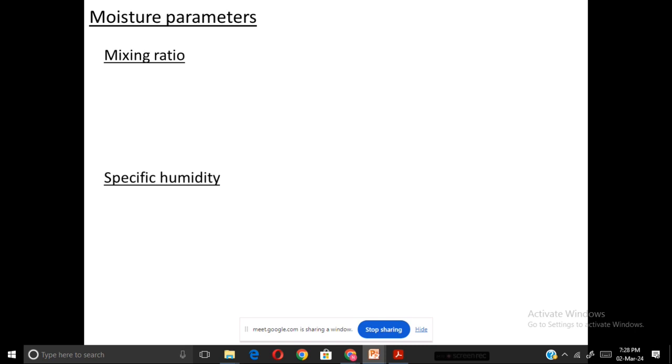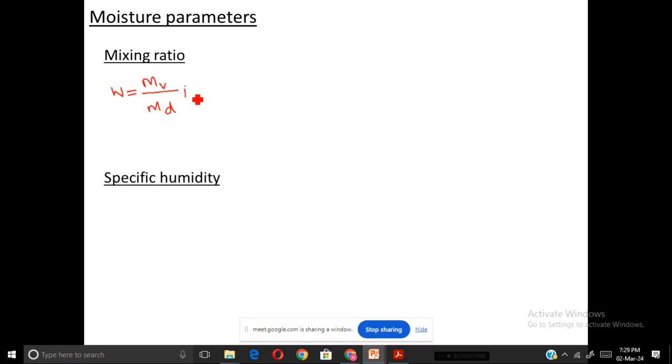The first one is mixing ratio. It is represented by W, small w, and it is basically the mass of water vapor present in the air divided by the mass of dry air.